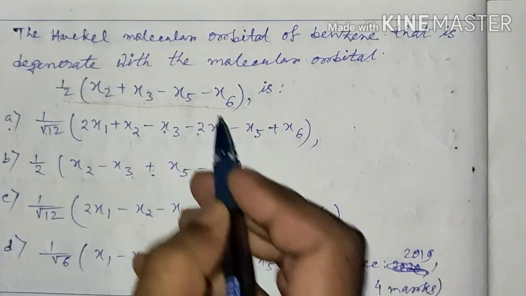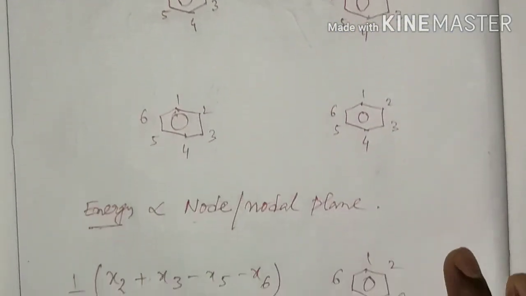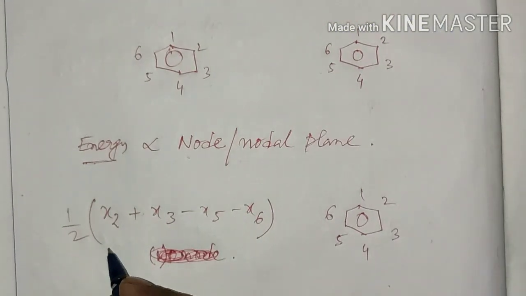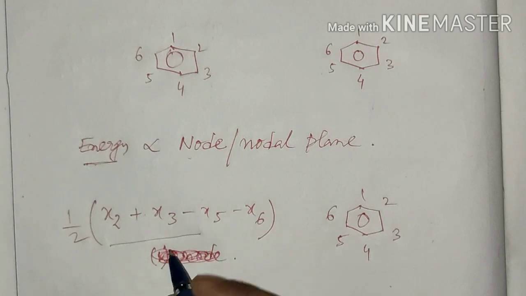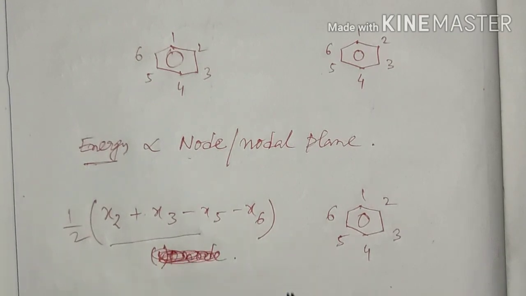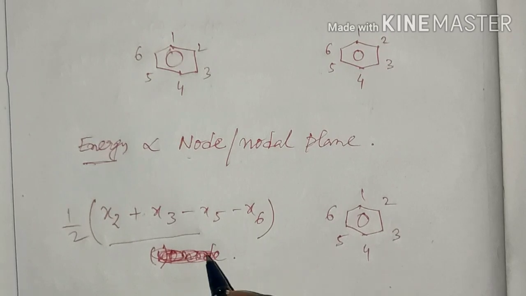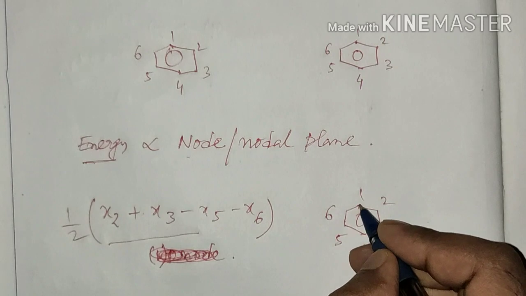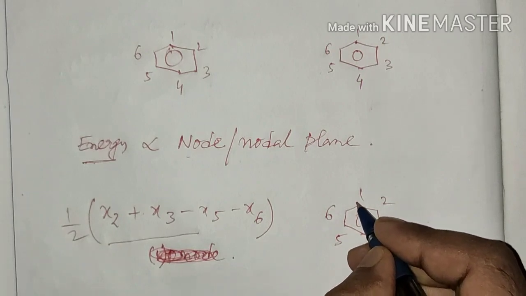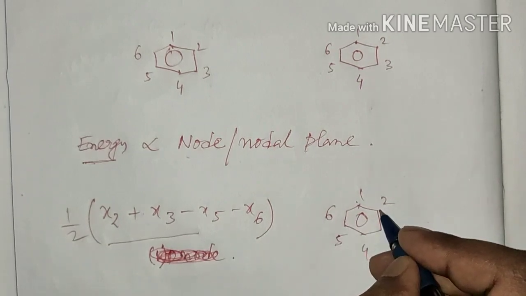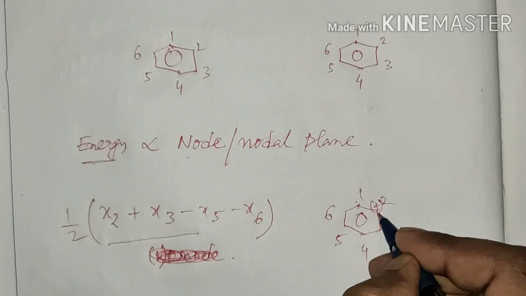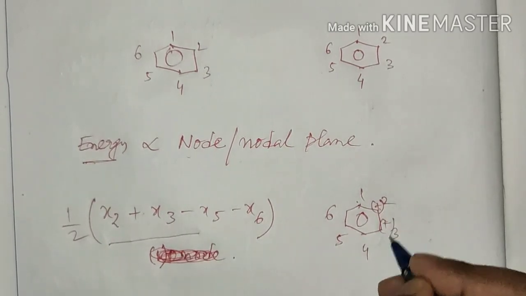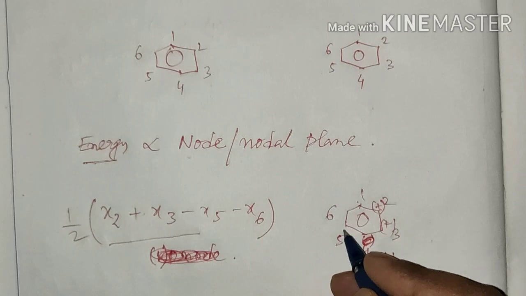Now this molecular orbital, I write it like here. If we calculate the number of nodal planes, that means at which point the wave function is changing its sign. For psi 1, that is carbon 1, there is no sign, for psi 2 it is plus, for psi 3 it is plus, for psi 4 there is no sign, and for psi 5 it is minus.